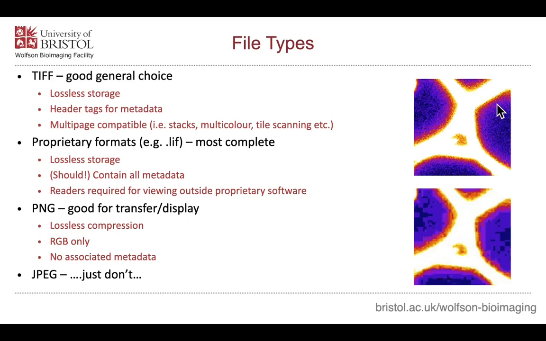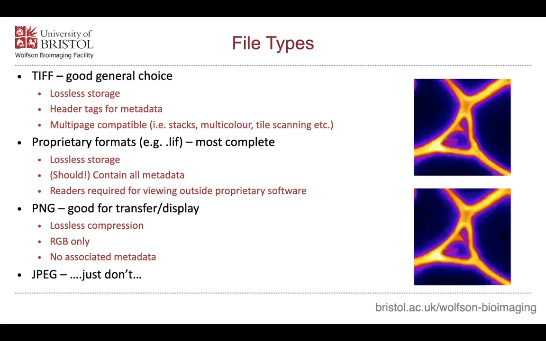So this is actually what a real image should look like. And the JPEG, you can see all the artifacts introduced from the compression. So the way the JPEG works is it says, okay, here we've got an area that looks pretty similar intensity, so we're just going to block it out as one color. And that's the way that it can achieve much smaller file sizes. The downside is, if I flick back, that you lose quite a bit of detail, so things just get a bit more smoothed out. So for quantification, just don't use JPEG.